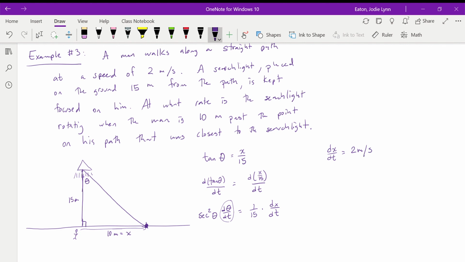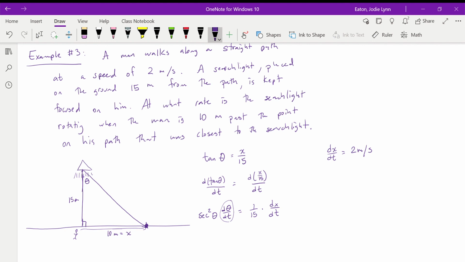We don't even need to plug in an x. It actually doesn't matter where x is, it seems, that d theta dt maybe is only going to depend on how fast the person is walking and not depend on where they are. That's pretty cool. But we do need to know what secant squared of theta is. Huh, interesting. How are we going to figure that out?